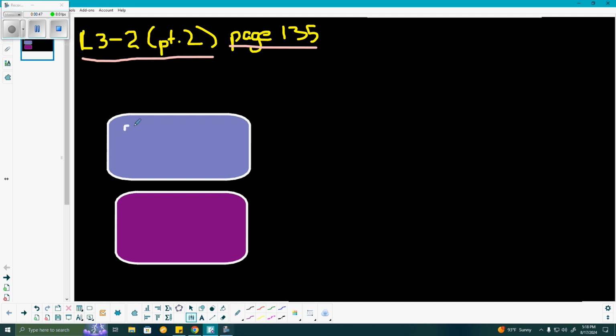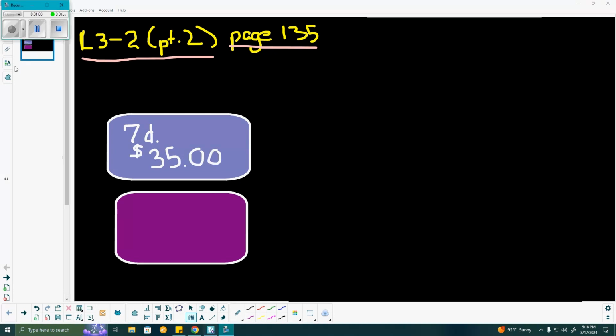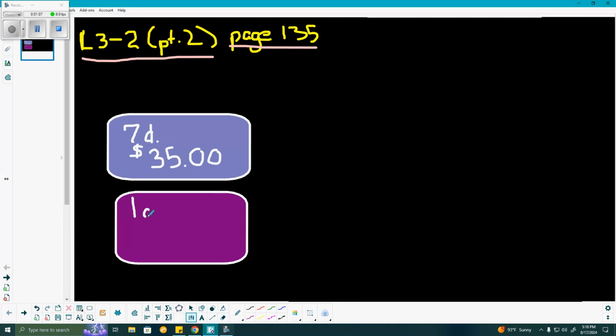One of them is a 7-day pass, and it costs $35. Our second pass is a 1-day pass, and it costs $6.25.